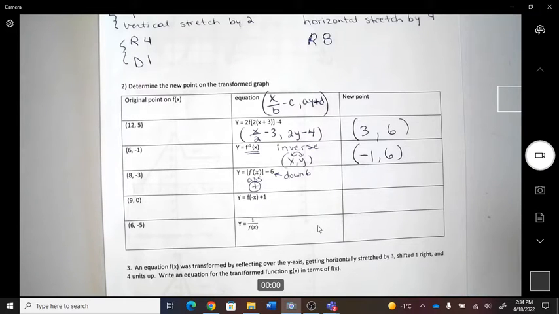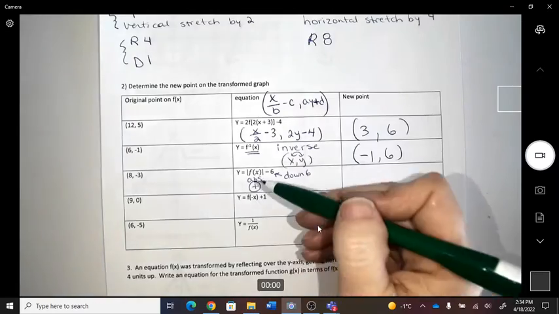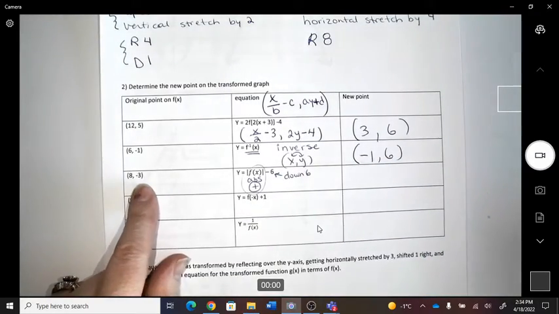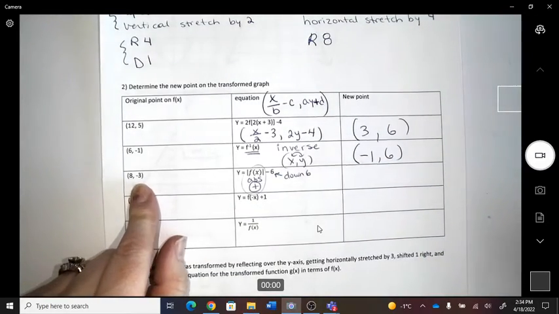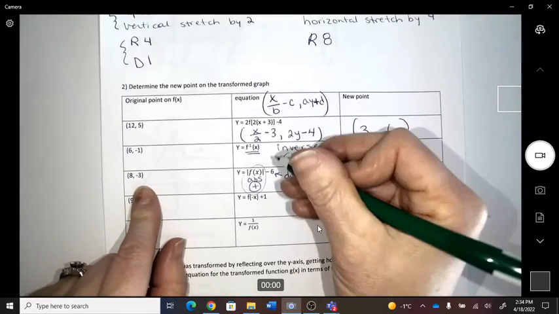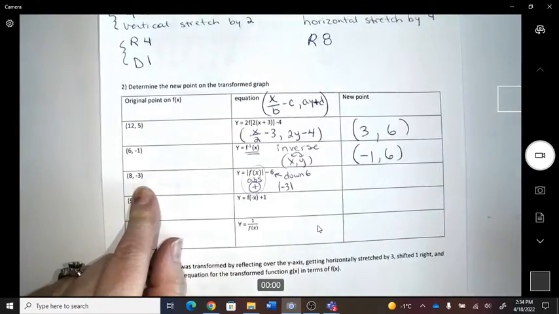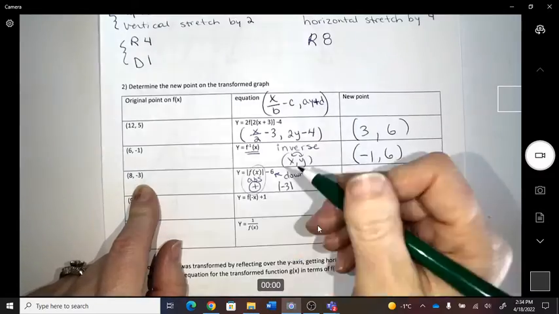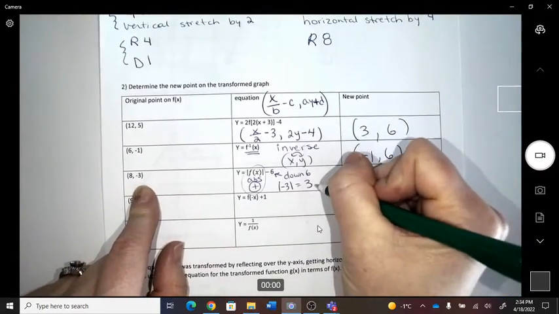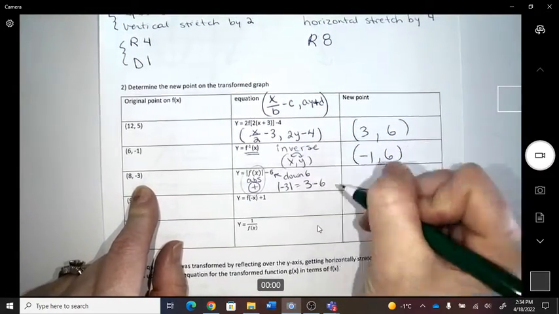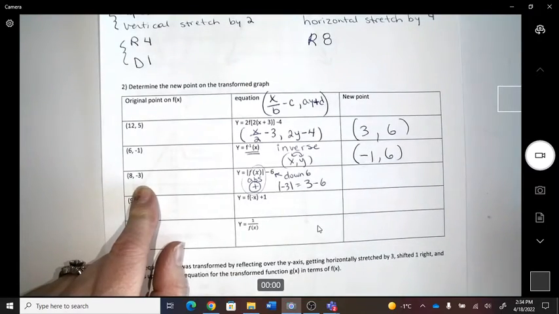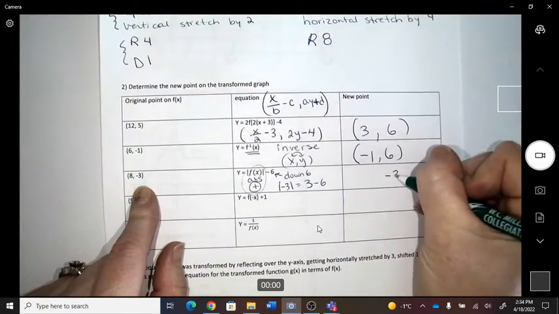Should I do the absolute and then down, or should I go down and then absolute? Absolute. And you're only going with the y's, so what's the absolute value of -3? Positive 3, and then go down 6. What do you get to? -3.